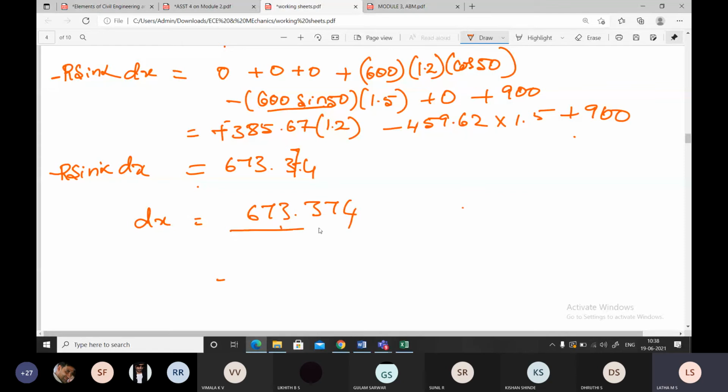What is the r sin alpha value? 1515.77. Okay, the total answer.